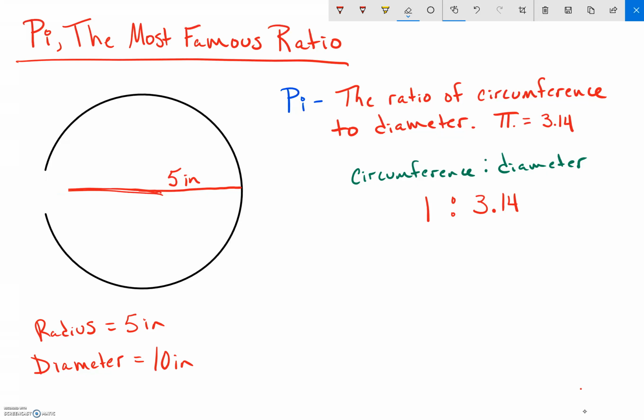Why do we need that? Because it's going to be needed for our formula. Okay, so we have a radius of 5 inches. And here's the formula to find circumference. It works every time. Circumference equals pi times diameter.